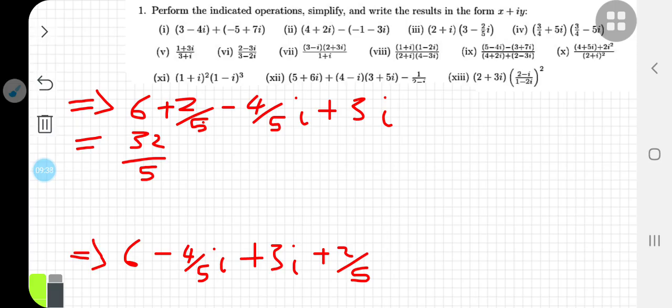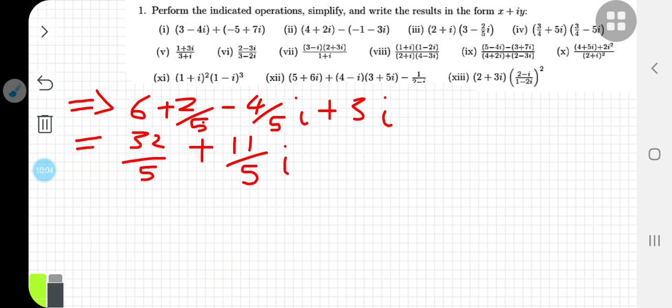This will give us 5 times 3, that's 15, and 15 minus 4 gives us 11. So we're going to have plus 11 over 5i.